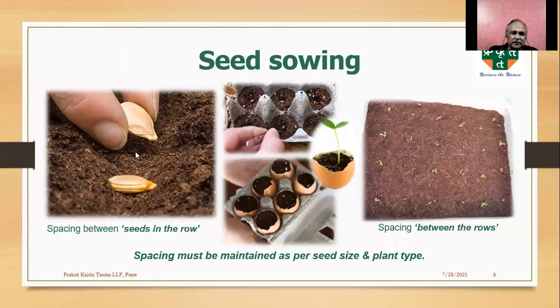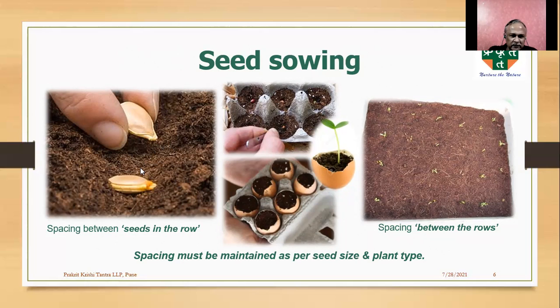Here, for the placement of the seed, you can see a pumpkin seed, similar to a zucchini seed, same shape and size. This is the way the root part comes out, and the shoot part also comes out and grows upwards. So this should be placed horizontally, not vertically.